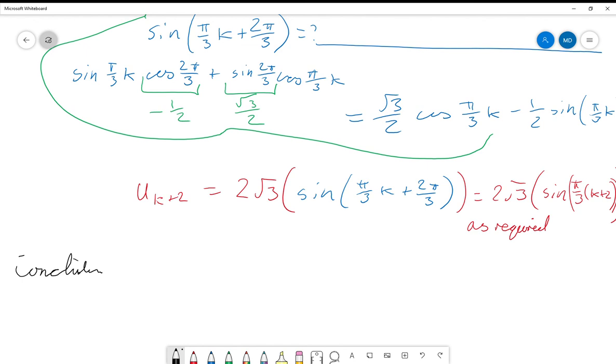And in this case, we do need to remember that we are dealing with two starting points.